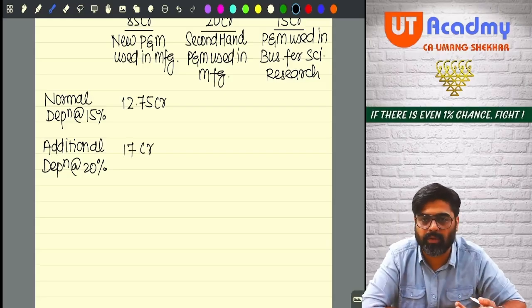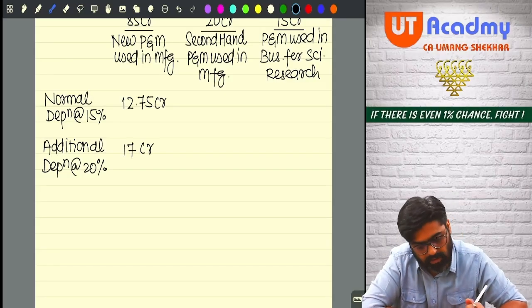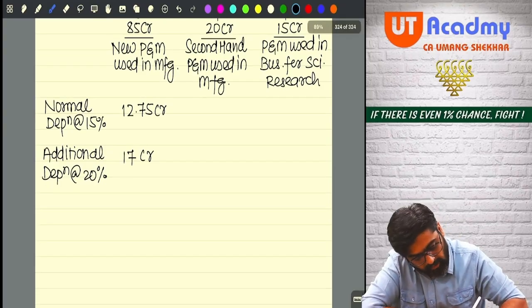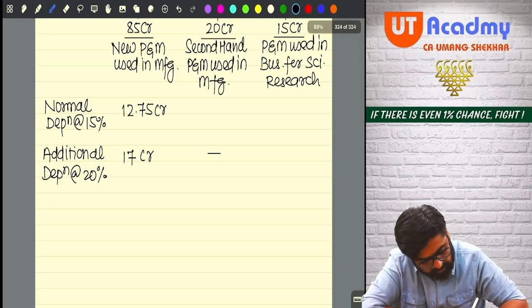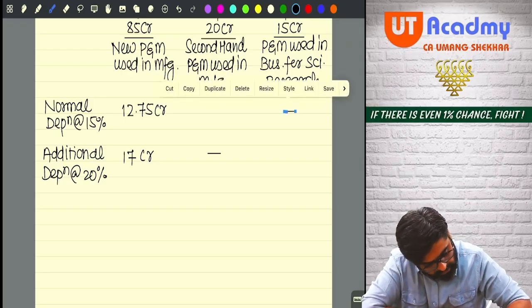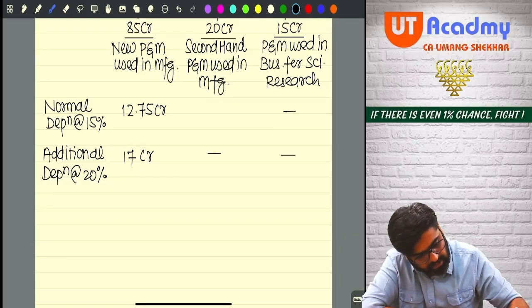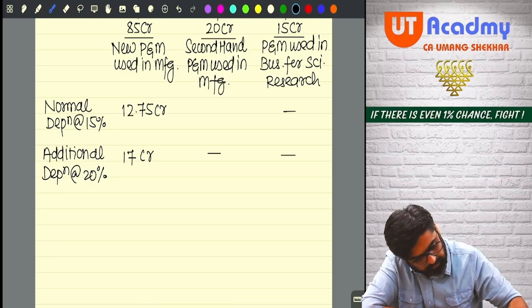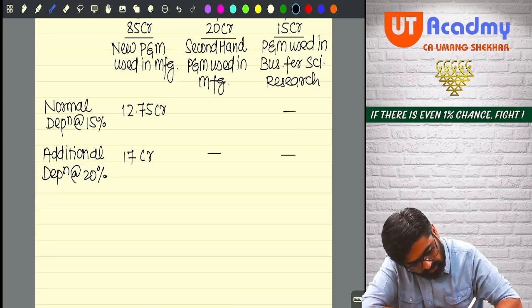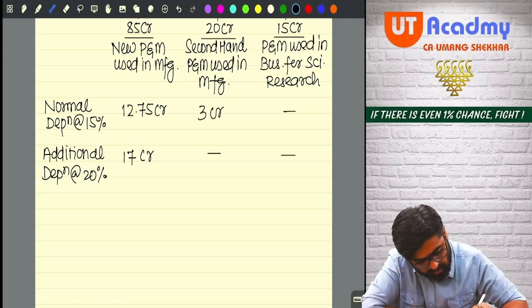On this I will get both the depreciations, no? Now what about second hand? I will not get any additional depreciation. On this I am not going to get normal and I am not going to get additional also. But on 20 CR I will get 15%, that is 3 CR. Got it everyone?